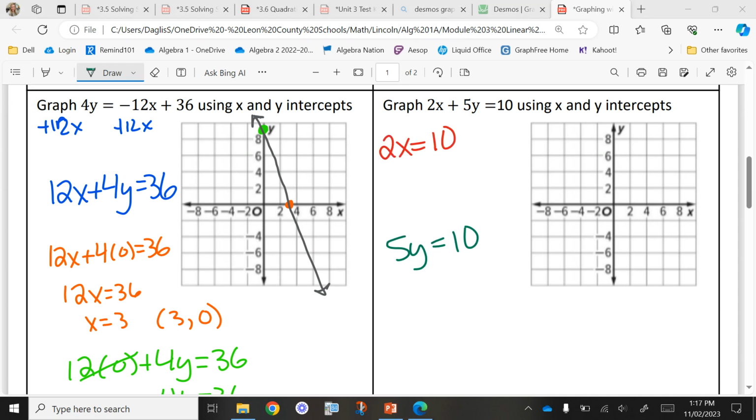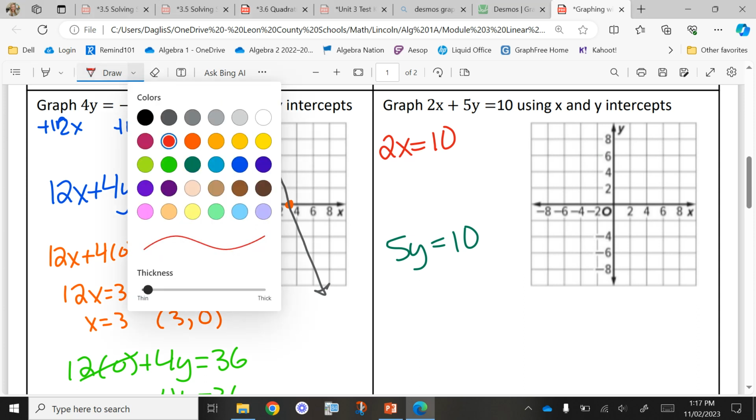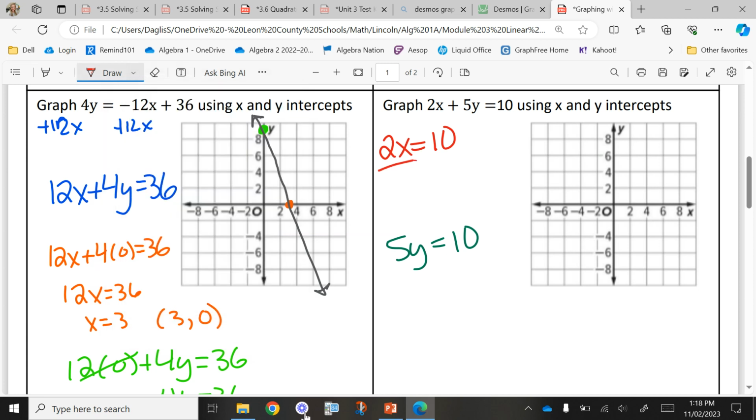When you make it equal to 0, then that term is no longer there because we're not going to say plus 0, right? So when I have 2x equals 10, I divide both sides by what? We divide by 2, so I get x equals 5.